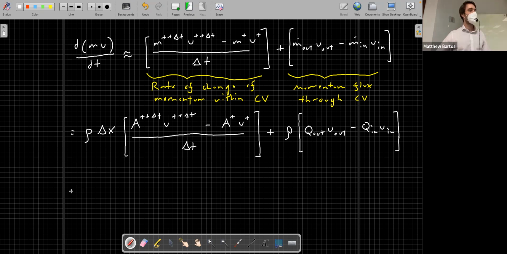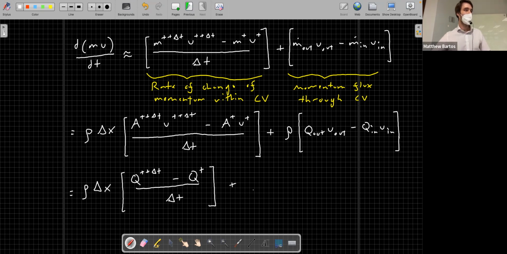So we can simplify this. This becomes the density times the spatial increment delta x. And this term in here just becomes the flow rate at time t plus delta t minus the flow rate at time t all over delta t.